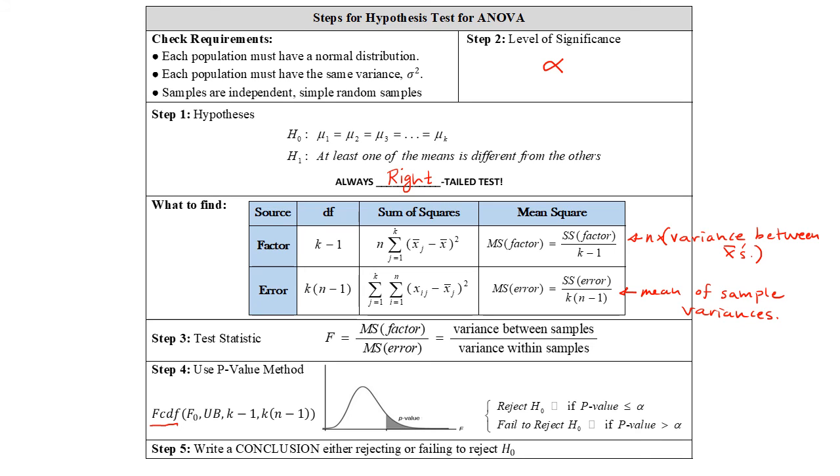We can do this all using just one calculator function, the ANOVA function. So all this can be skipped if we go straight to ANOVA. You enter the different lists into the ANOVA function, and it gives you everything you need. It gives you the test statistic, and it gives you the p-value.